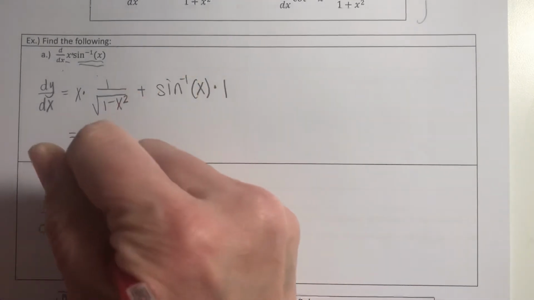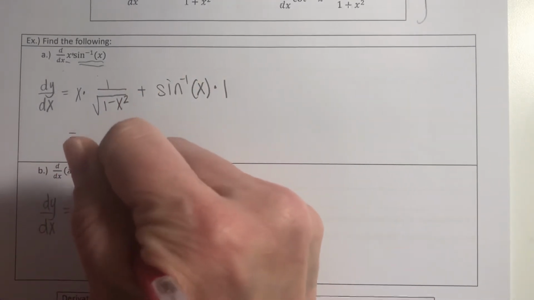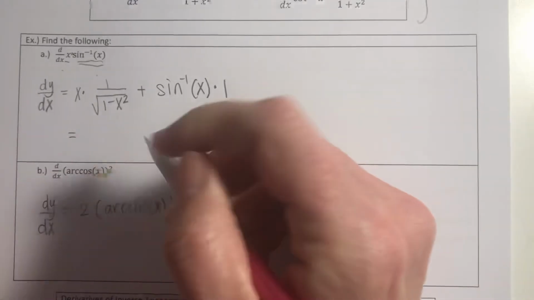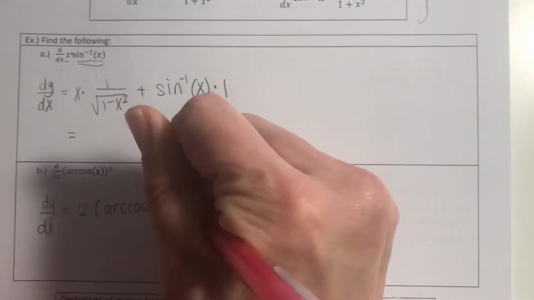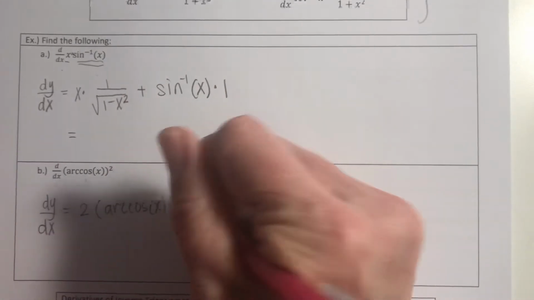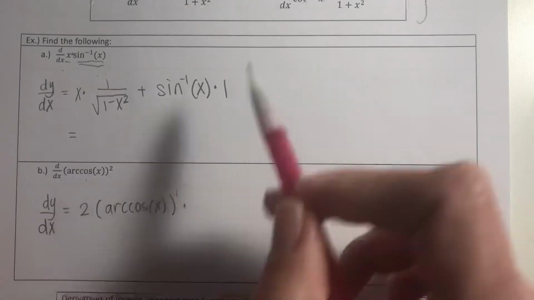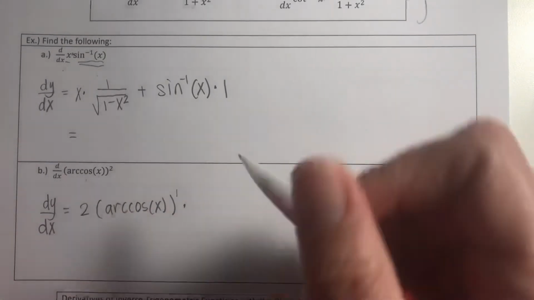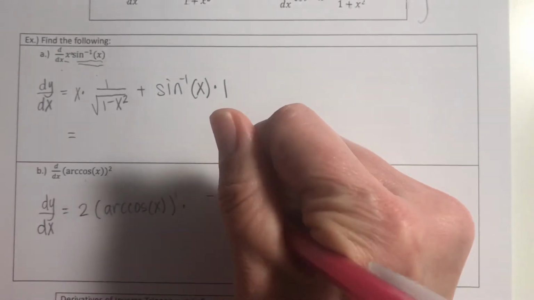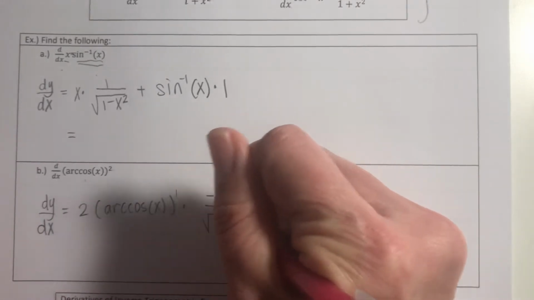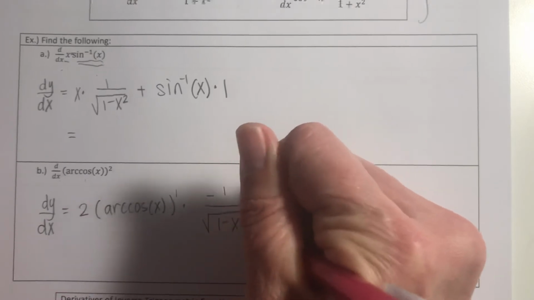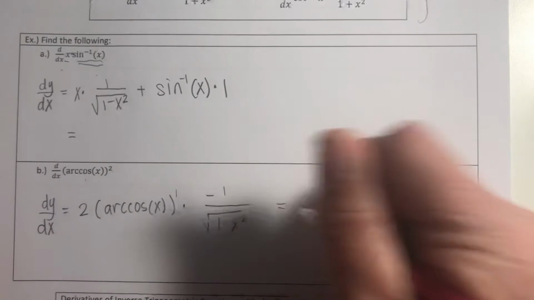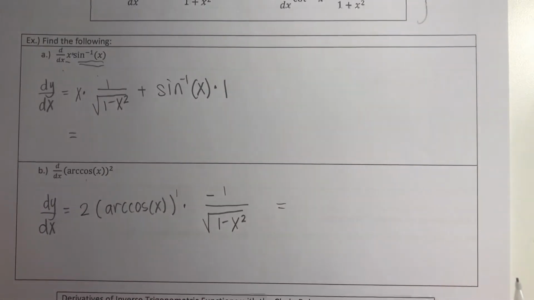So we're going to have 2, leaving the inside function the same, to the first, times the derivative of the inside. And if you look up above in our table, the derivative of arc cosine of x is just going to be negative 1 over the square root of 1 minus x squared. And again, not much to clean up, but I would rewrite it so it looks a little bit nicer.